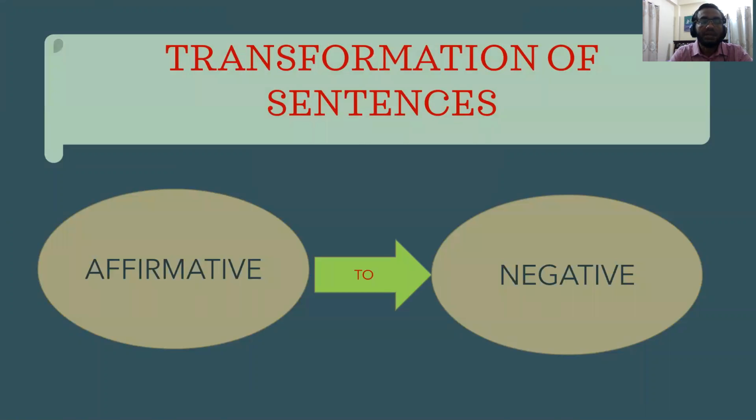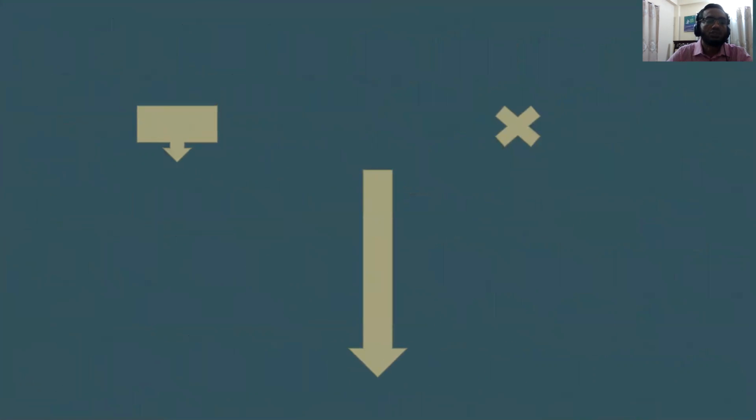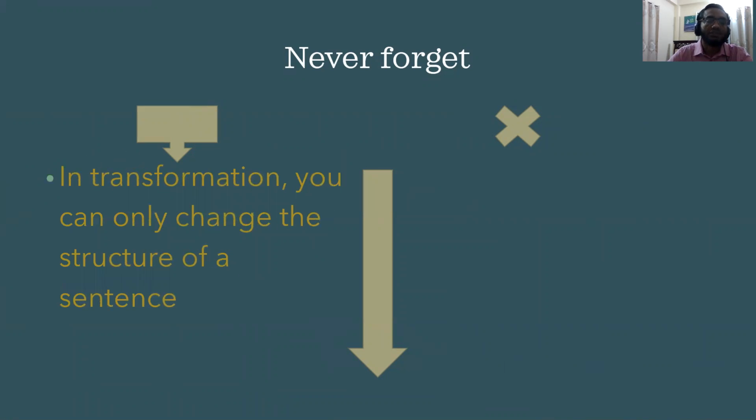So let me say something about making affirmative into negative. And there is a very important thing I have to share with you. Never forget, as you can see on the screen. What do we never forget? We never forget that in transformation, you can only change the structure of a sentence.